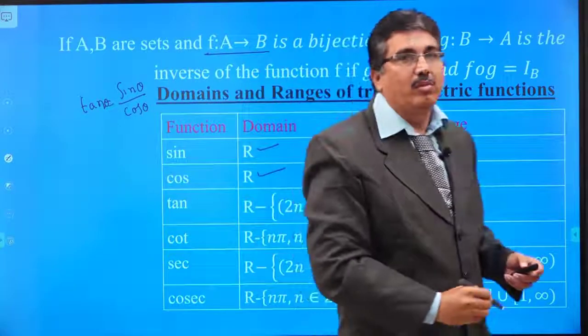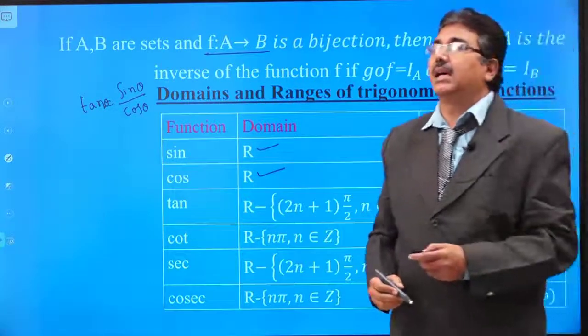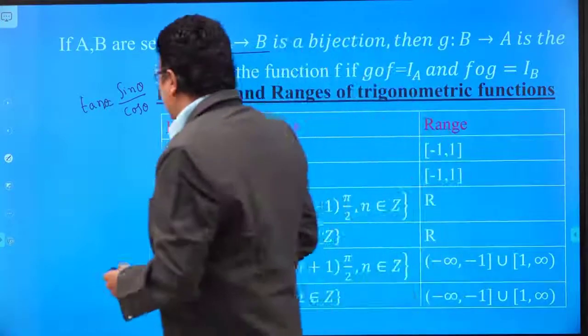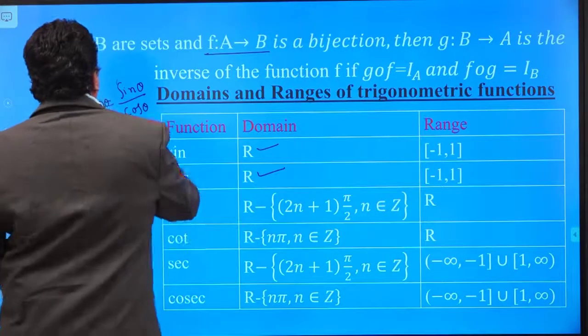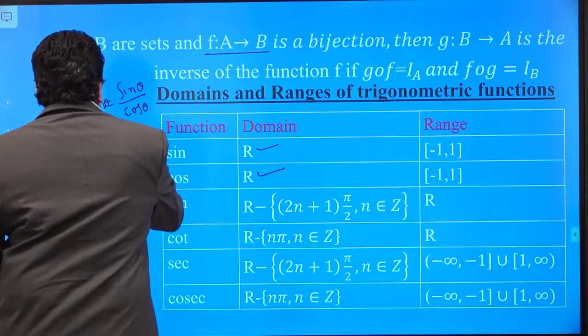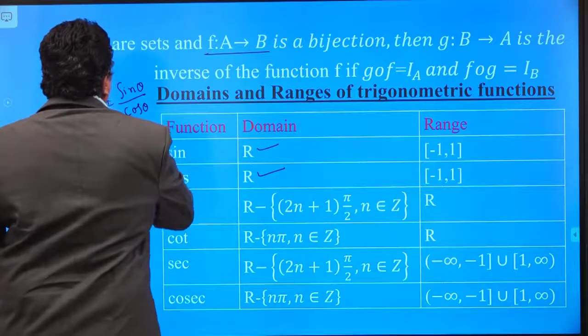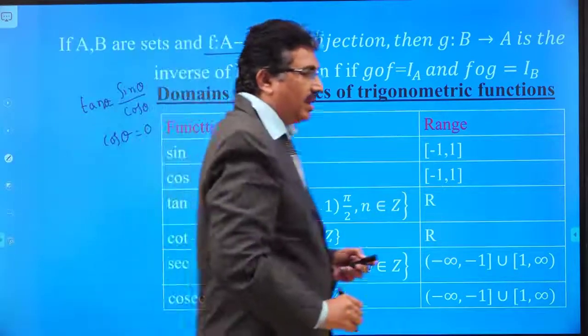The domain of tan theta: first, for what values of theta is the denominator 0?